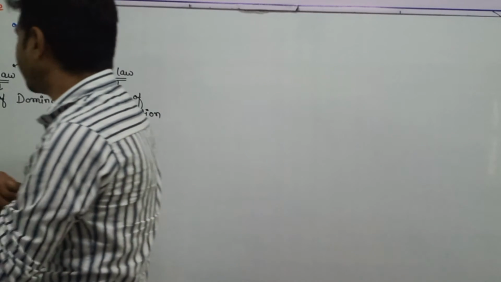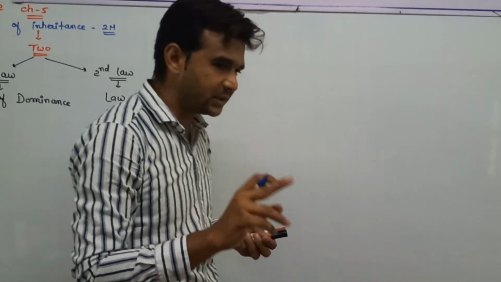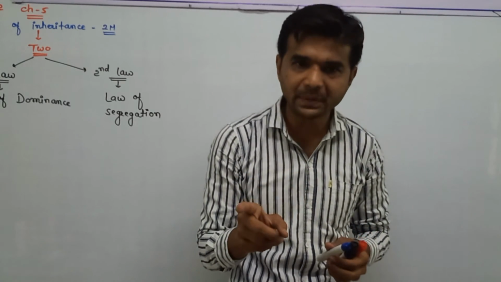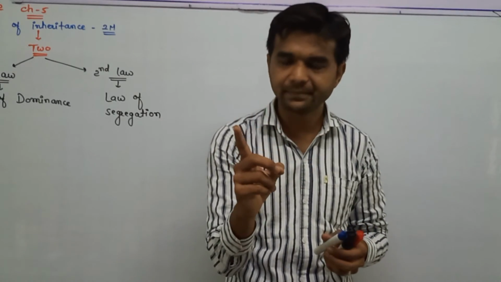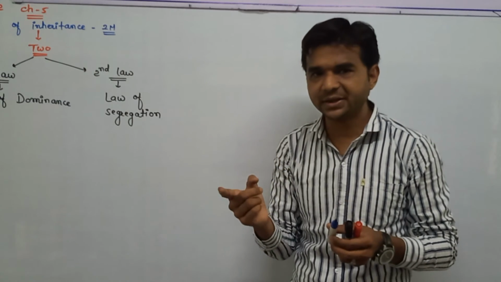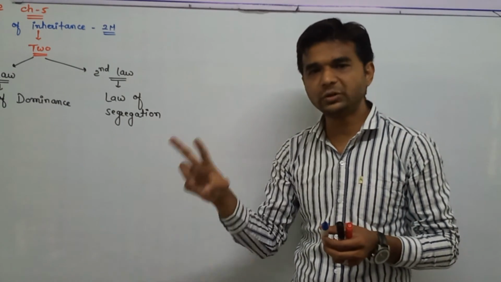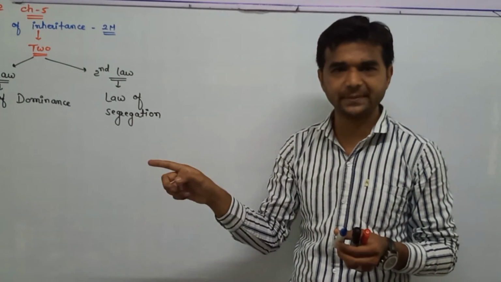And the most important thing is this: in F1 generation, capital T small t plant produces two gametes, capital T and small t. In another plant, when we do self fertilization, the same two types of gametes are formed, one capital T and another small t.